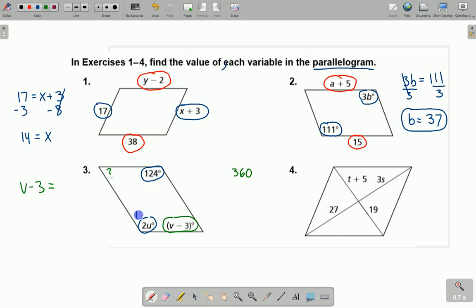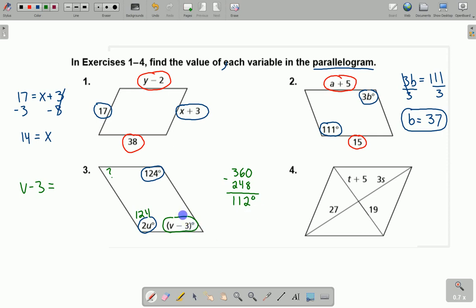That means over here, this must also be 124. And if we add all these angles up, they have to make 360. So I'm going to start subtracting them off. So 124 and 124 makes 248. So we're going to subtract those two. That leaves us with 112 degrees.